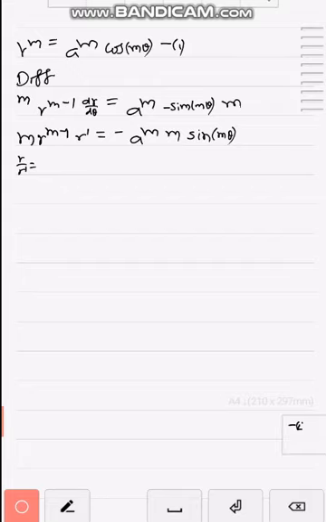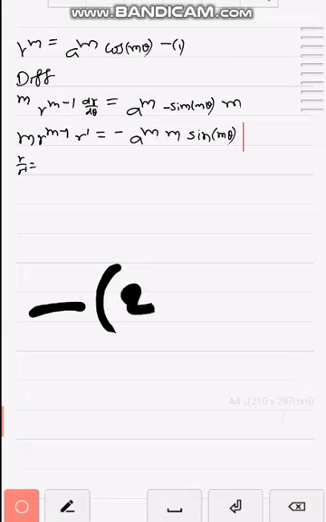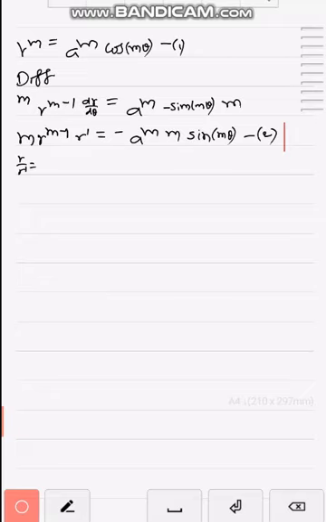We divide equation 1 by equation 2, where equation 2 is m into r to the power m minus 1 into r dash is equal to minus a power m into m sin m theta.